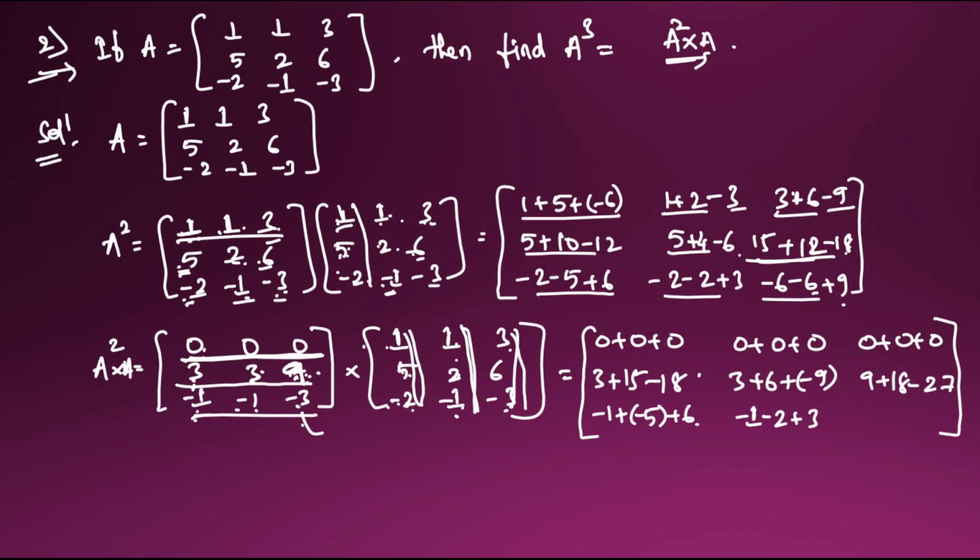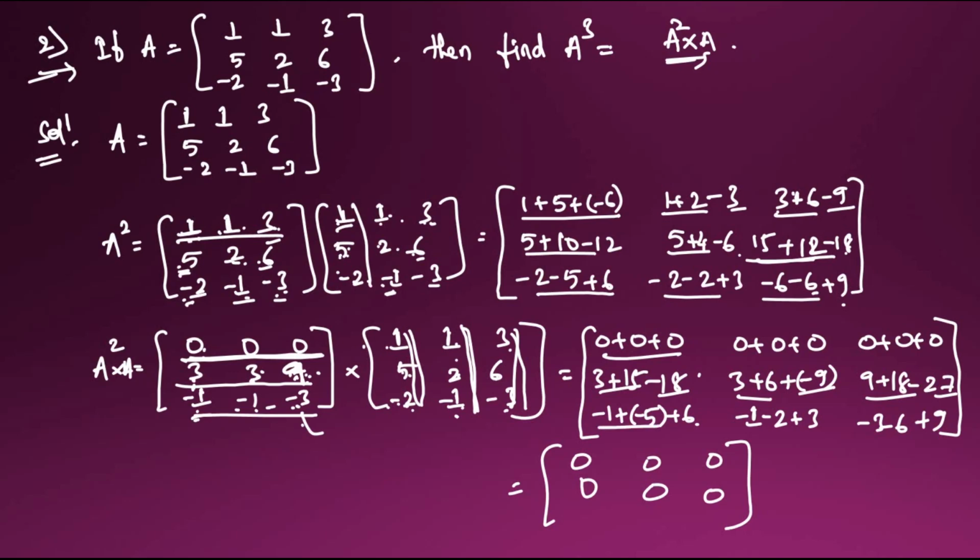And again what will come here? 1 minus 1 into 3 is minus 3, and minus into 6 is minus 6 here, minus 3 into minus 3 is plus 9 here. Total will become, so this is 0 already we know. So this is 18 minus 18 is 0, plus 9 minus 9 is 0, this 27 is 0 will become.